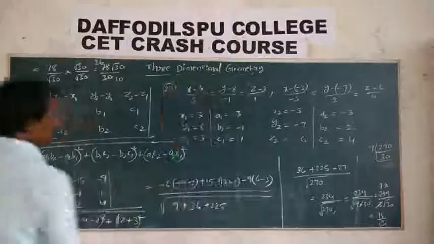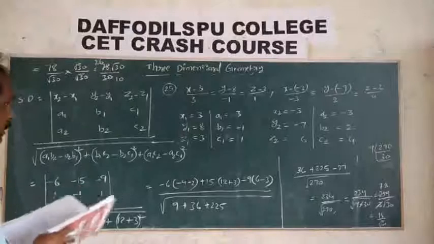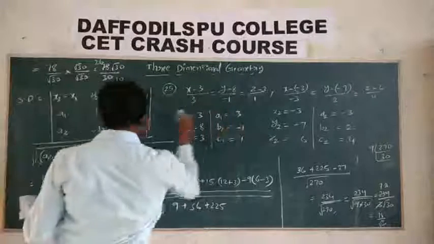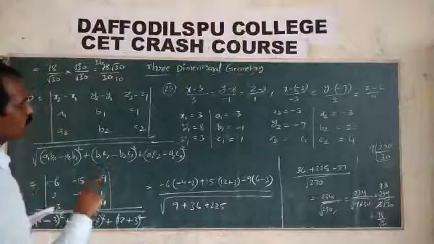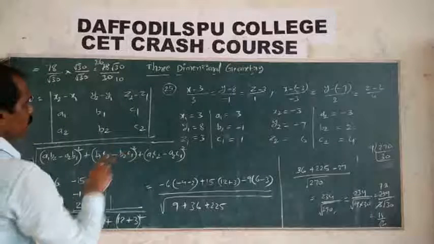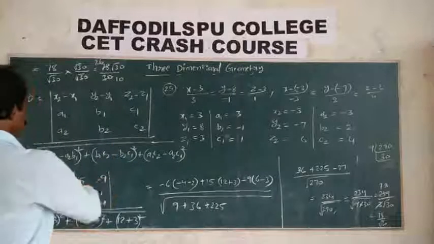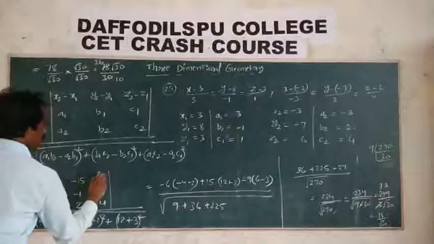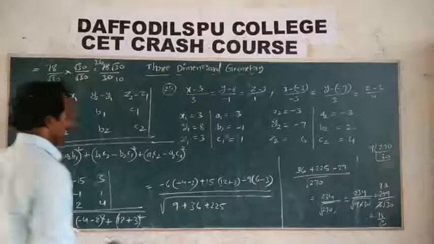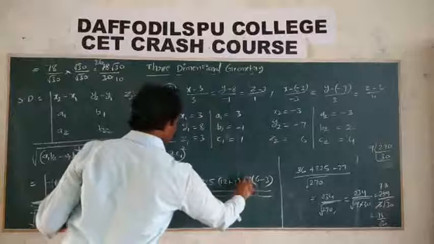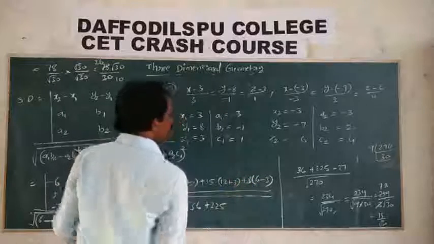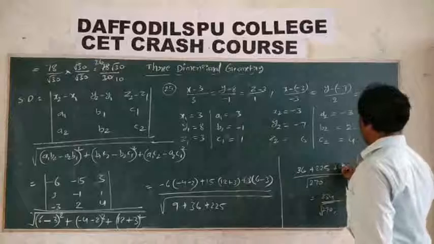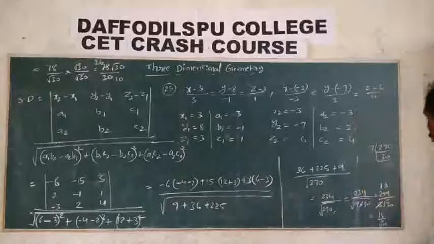Z2 value is 6. X2 minus X1, minus 3 minus 3, minus 6. Y2 minus Y1, minus 7 minus 8, minus 15. Z2 minus Z1, 6 minus 3, 3.